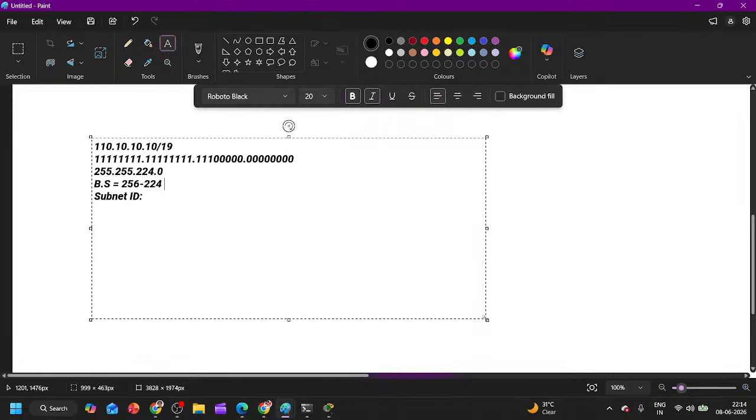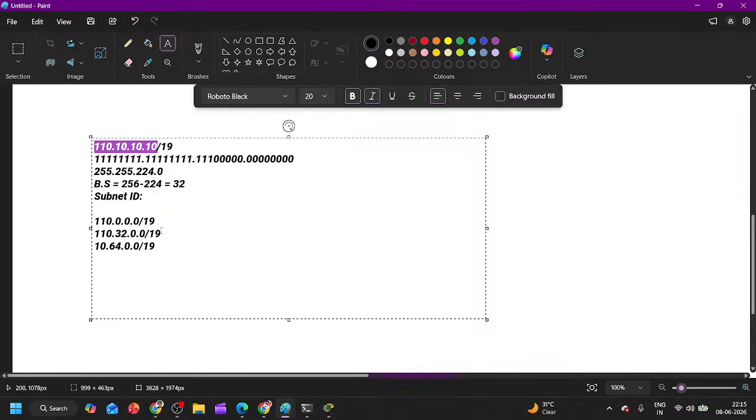It is going to be 32. The first subnet is going to be 10.0.0.0/19. The second subnet is going to be 10.32.0.0/19. The next network is 10.64.0.0/19.